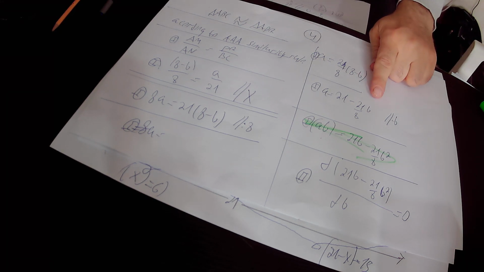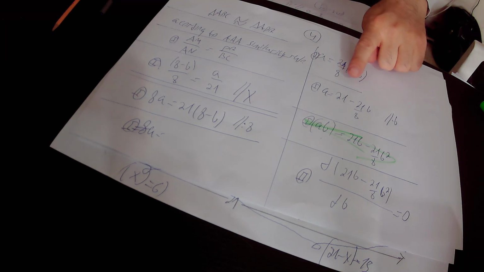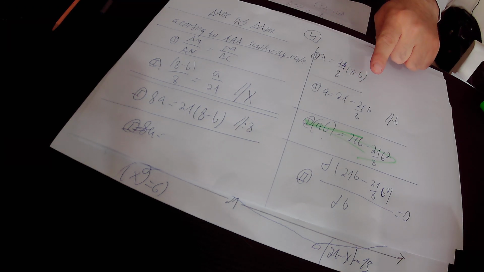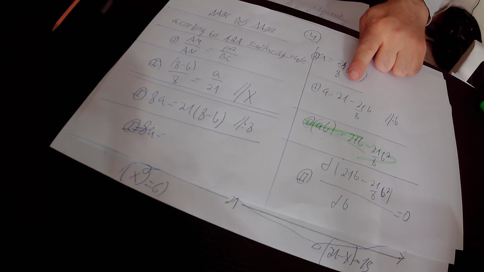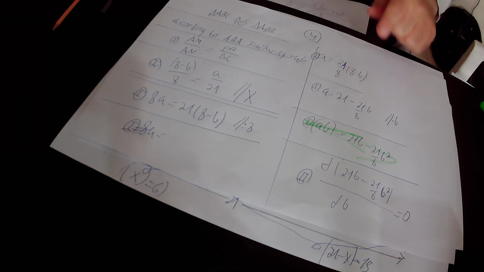And we just have to substitute b by 4, and we get that A equals 21 minus 21 over 8 times 4. And this expression will be equal to 10.5.